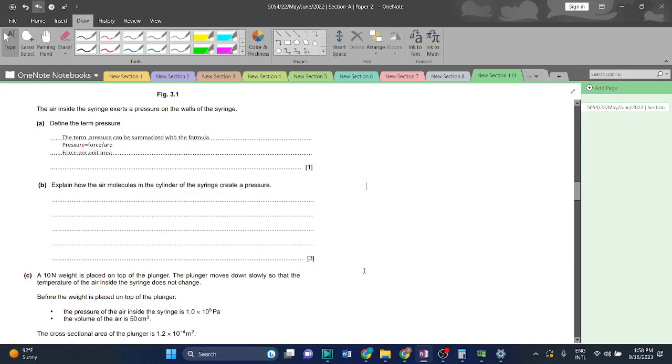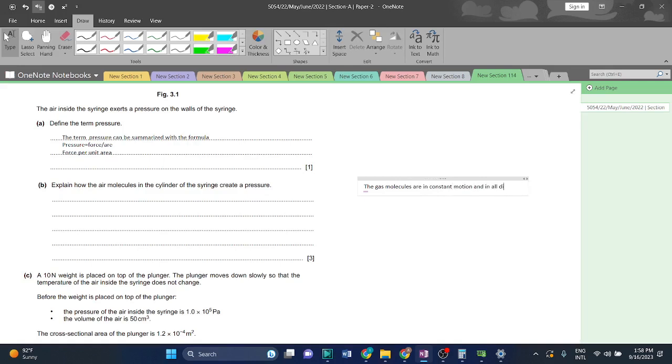So first of all, the gas molecules are in constant motion and in all directions.